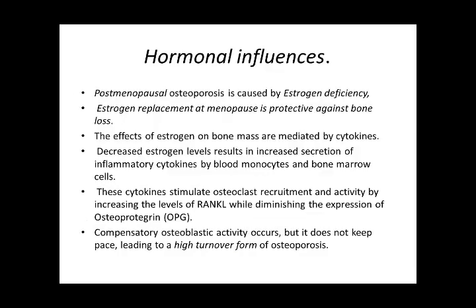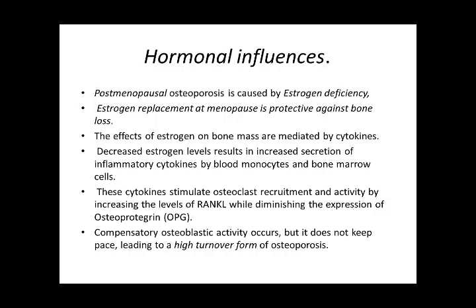Postmenopausal osteoporosis is caused by estrogen deficiency. Why is it caused by estrogen deficiency? Because estrogen acts to increase the bone mass. And how does estrogen increase the bone mass?